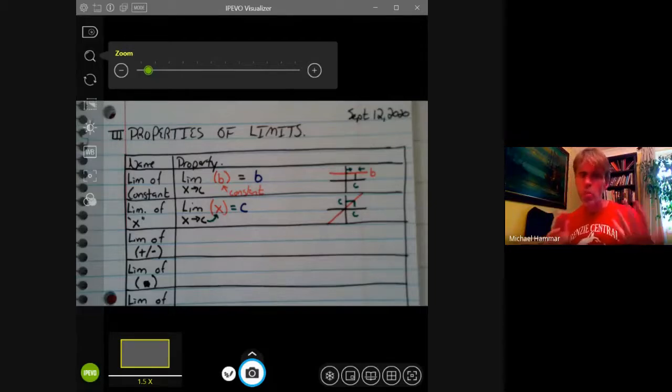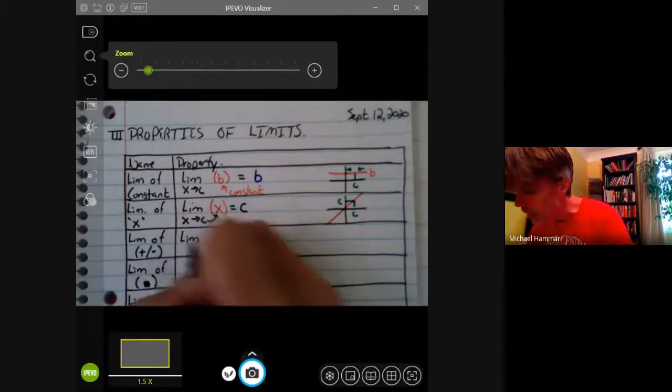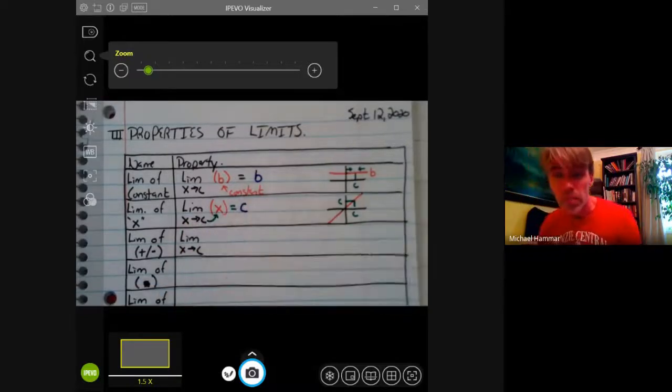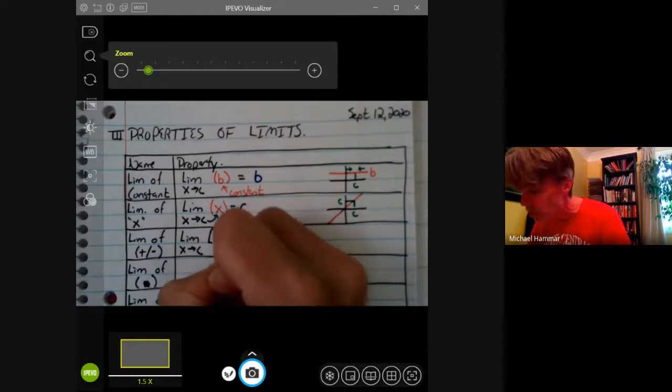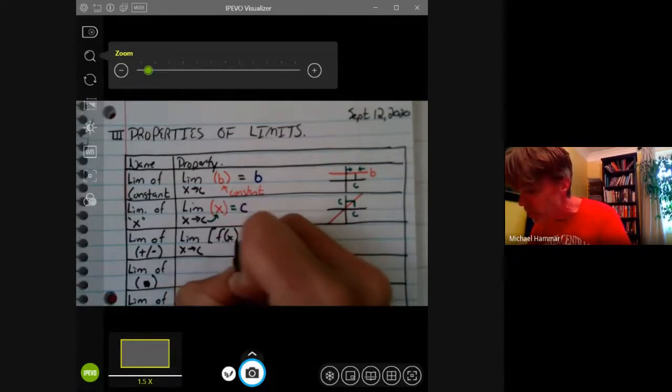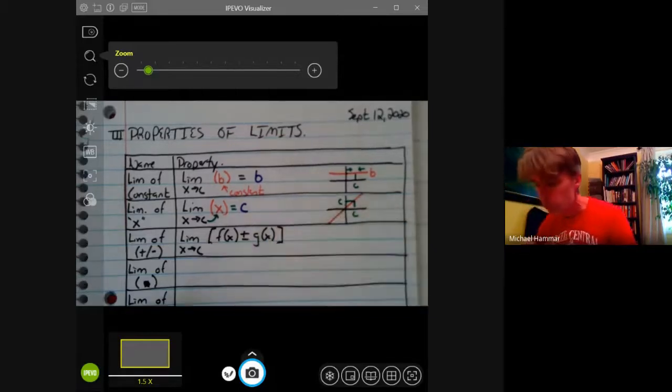So what do you do if the functions aren't as simple? What if we're going to find the limit, as we approach c, of two functions that are added together? What if we have f of x plus or minus g of x? Okay?